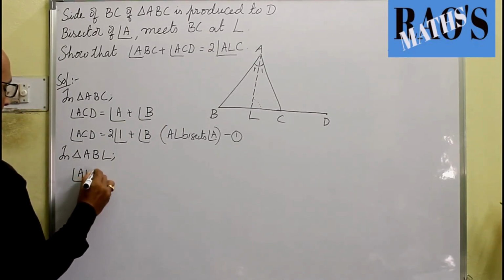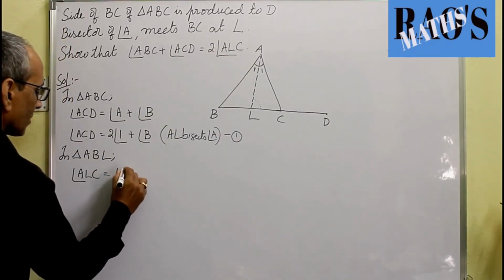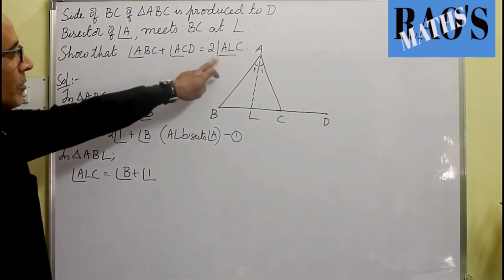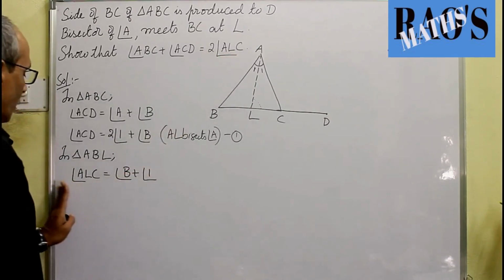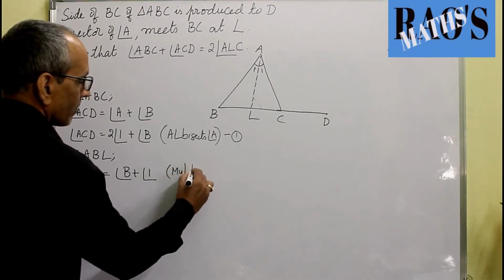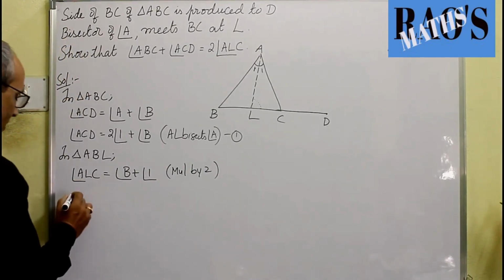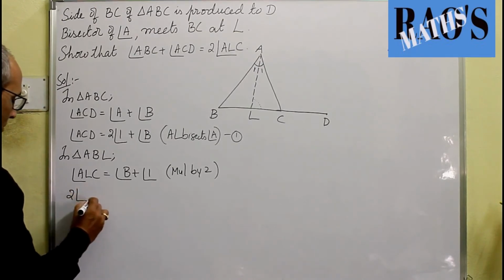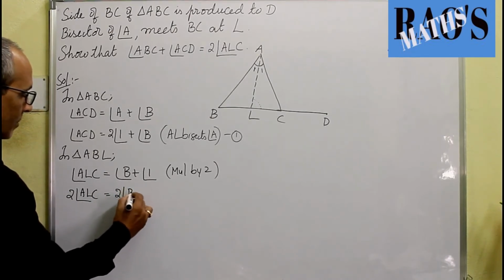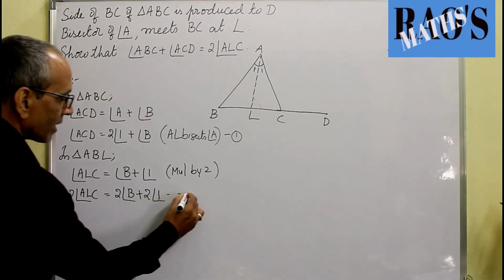Angle ALC is equal to angle B plus angle 1. Since in the question we have 2 times of ALC, we multiply this expression by 2, both the sides. So, 2 times of ALC is equal to 2 times of B plus 2 times of 1. This is the second statement.